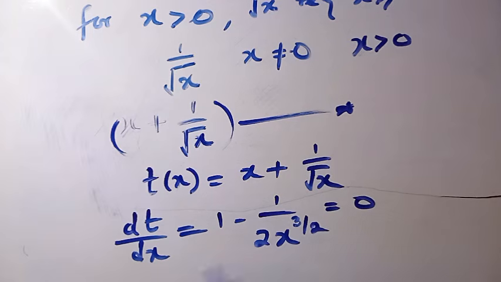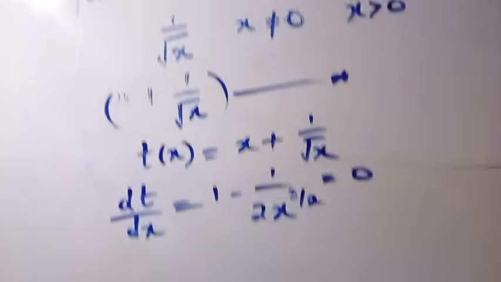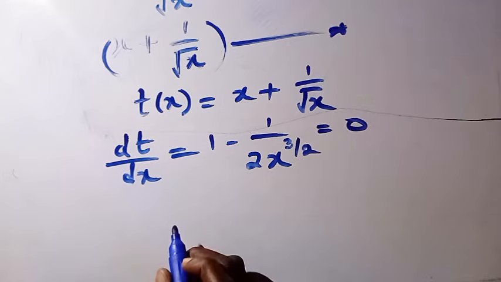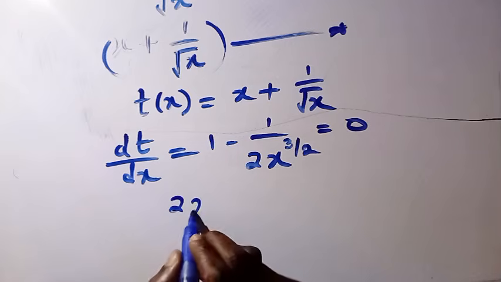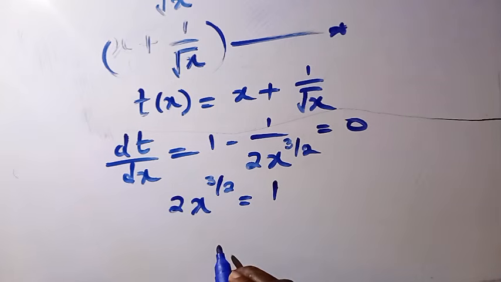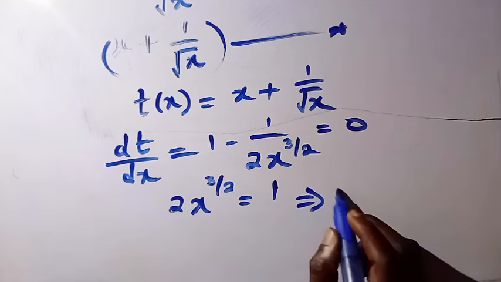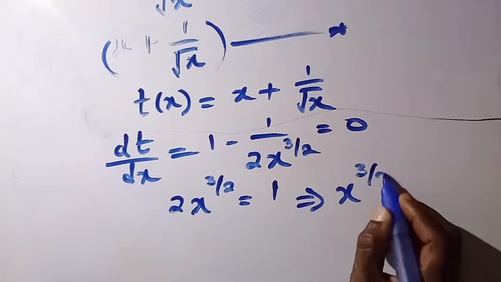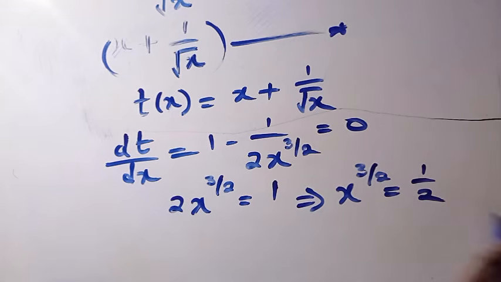And at the turning point, we have dt/dx equals 0. So if I let the whole of this equal 0, then we are going to have 2x raised to the power of 3 over 2 equals 1, and with this, x raised to the power of 3 over 2 equals 1 divided by 2.